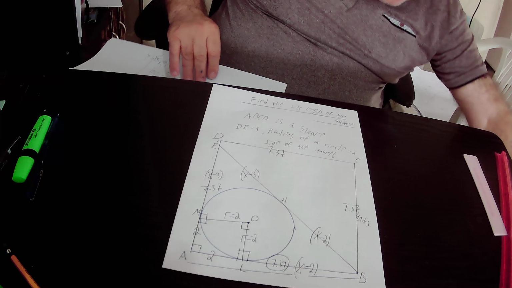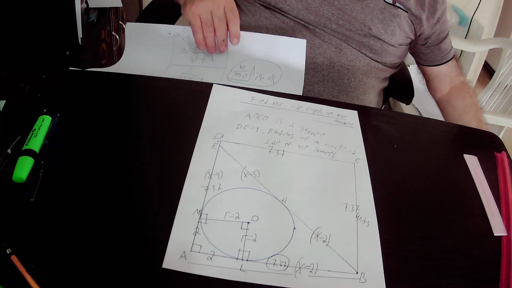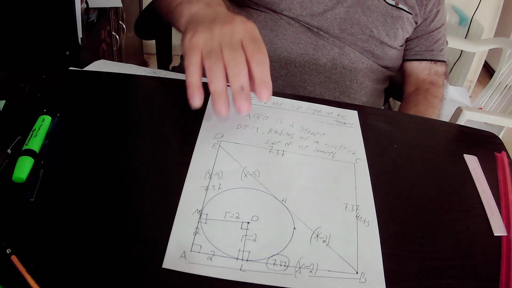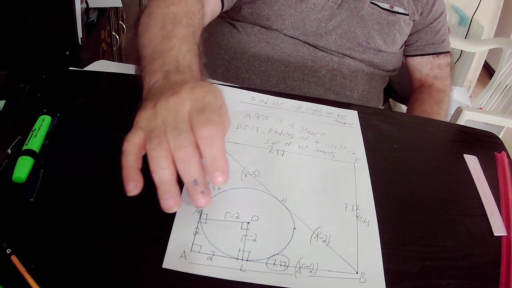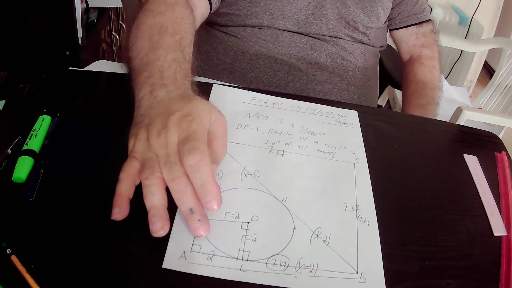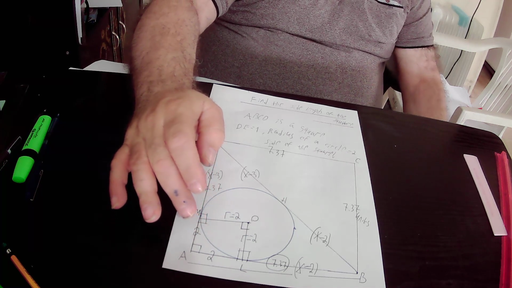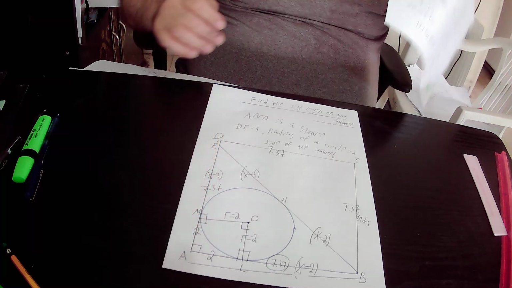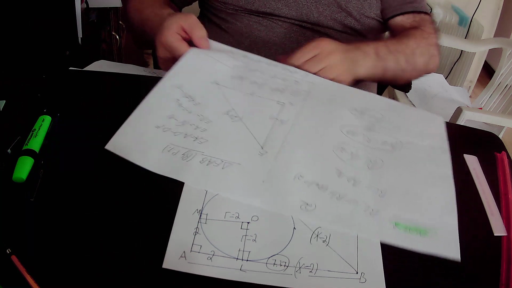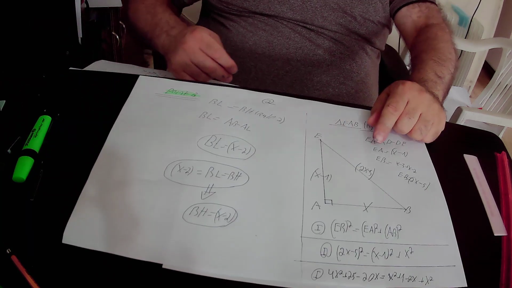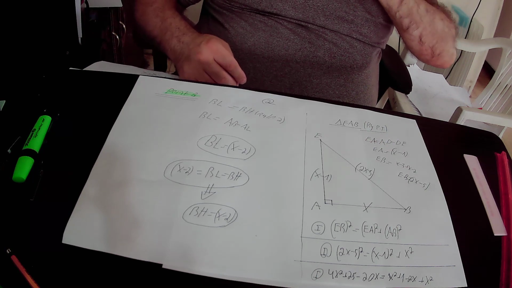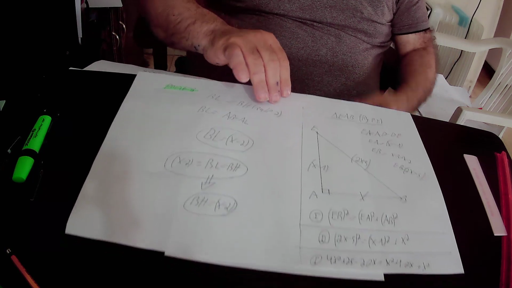Then we implement the Pythagorean theorem on the right triangle EAB. Triangle EAB is a right triangle because this angle equals 90 degrees. So this is the right triangle EAB that I copied from the original drawing. What is the length of side EA?